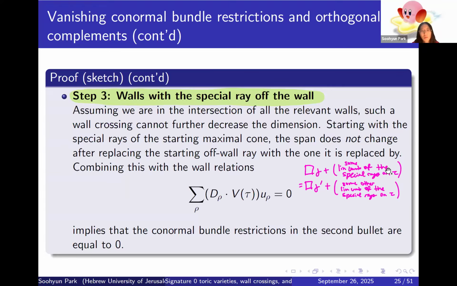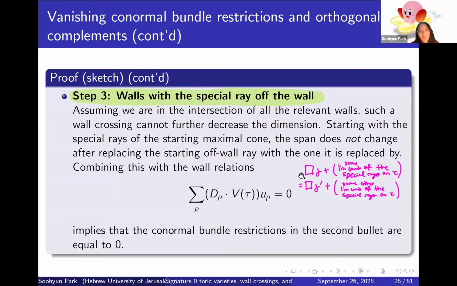So another way of saying that is that if you take the original set of special rays on the first maximal cone that you start with, then it should be equal to the span of it. The replacement should also give you something like this, where both the boxes are non-zero. I'm not saying the boxes are the same, but there are boxes because I didn't feel like writing letters down.